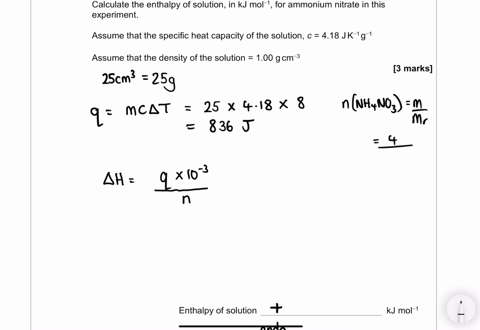So we've got 2 14s, a 4 and 3 16s. Use your calculator, you can see that that adds up to 80. And that is 0.05 moles. So we're going to take our 836, divide it by 1,000 to get it into kilojoules, and divide it by the number of moles we used to get our enthalpy change.